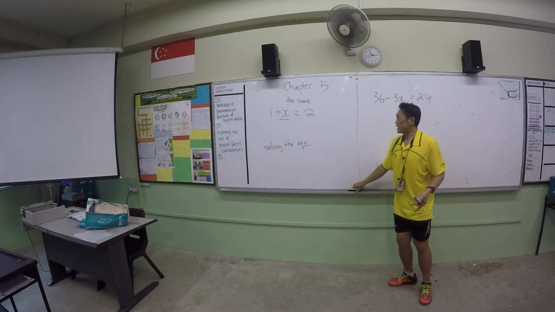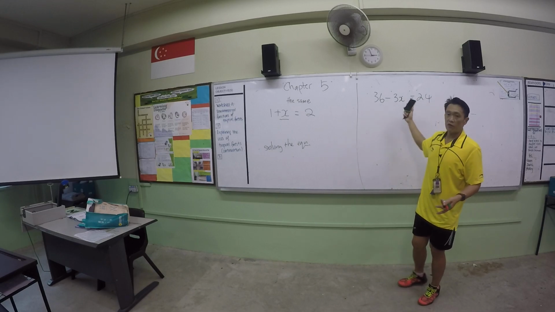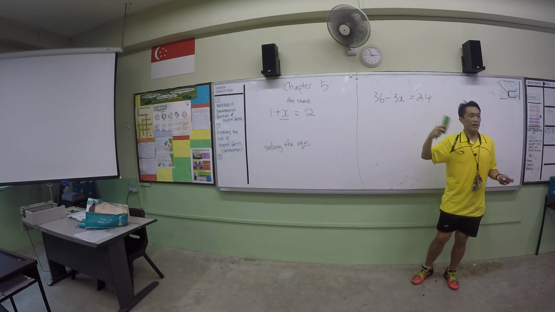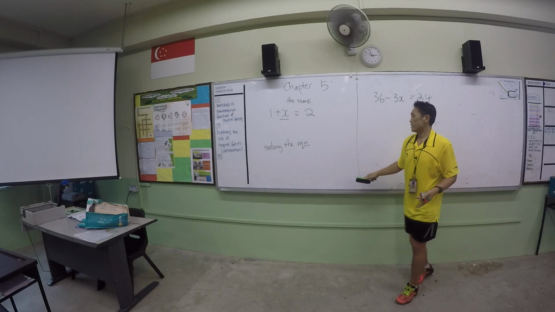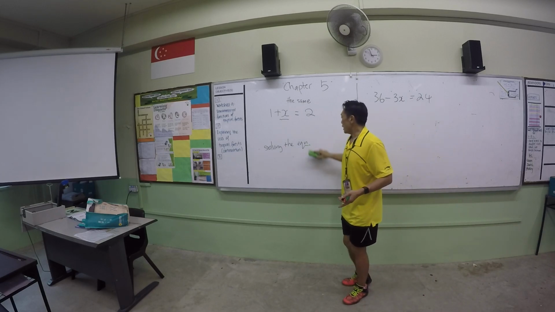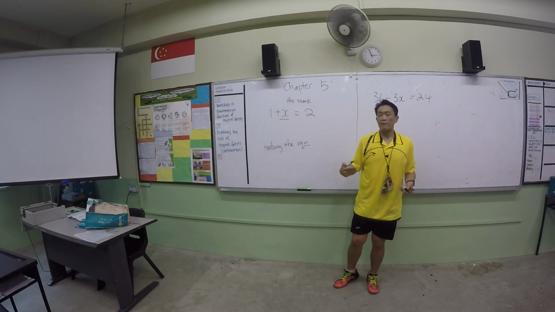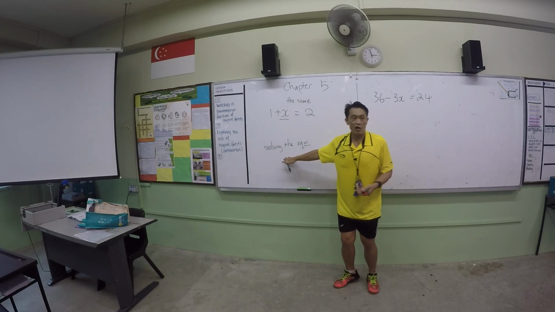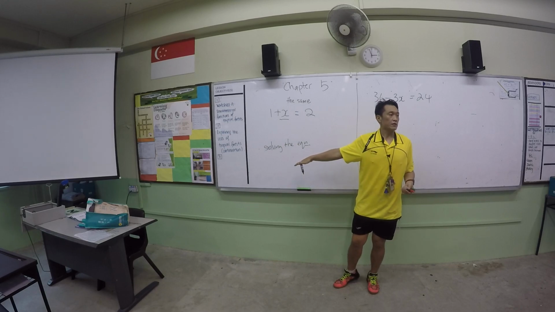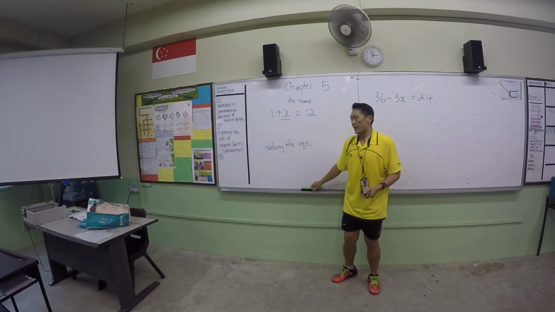Some of you can still see. Some of you may find that it is a bit complicated already. But there is a systematic way that we can go step by step to always solve the equation, to always find out what is x.